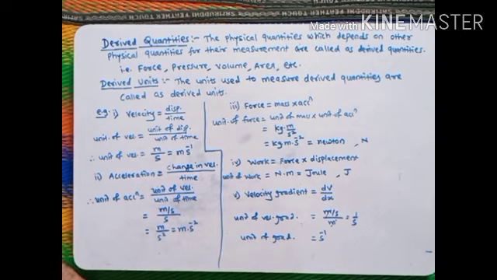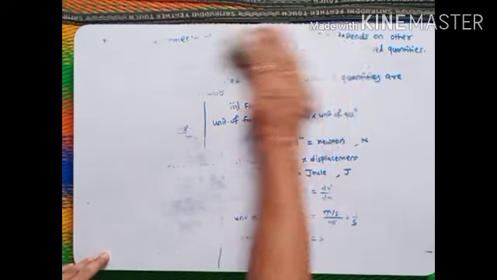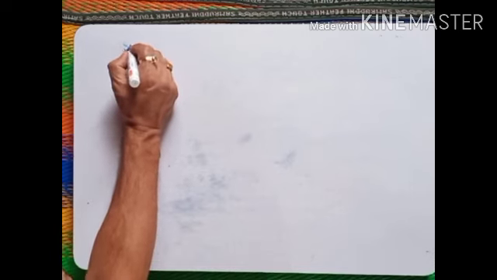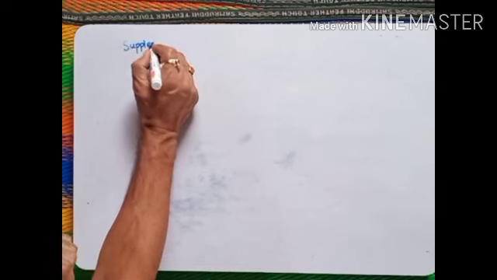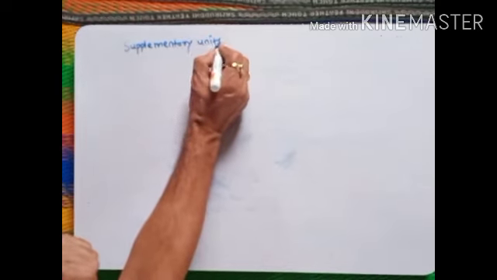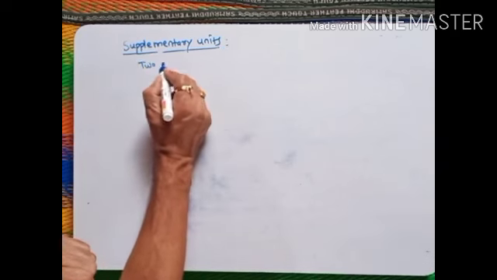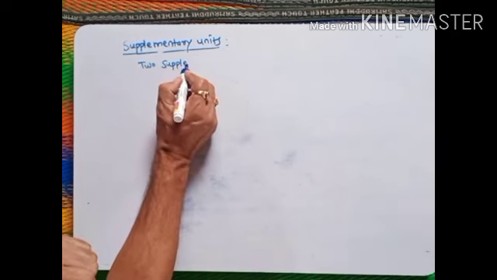Now, these are the derived quantities and derived units. We consider 2 supplementary units. Up till now we have studied fundamental units and derived units.